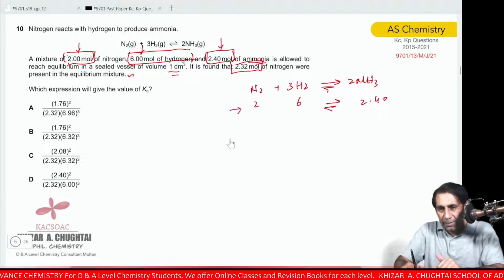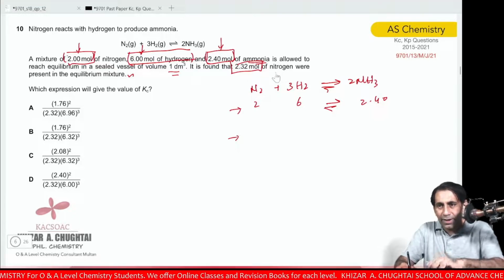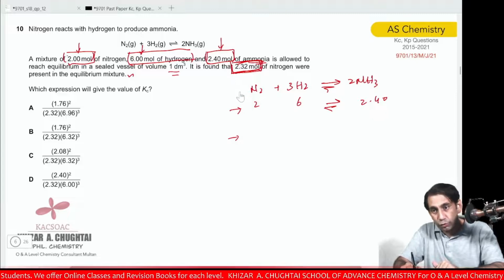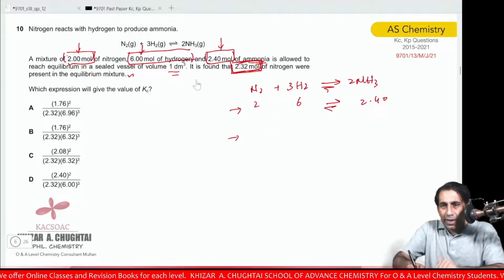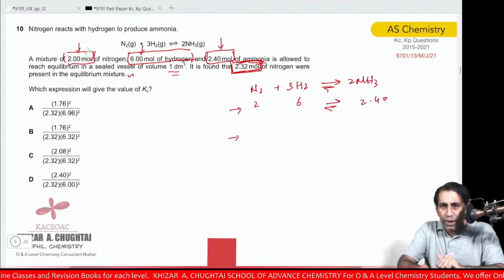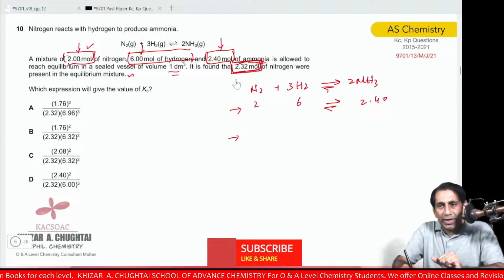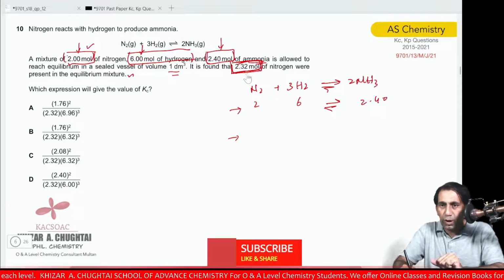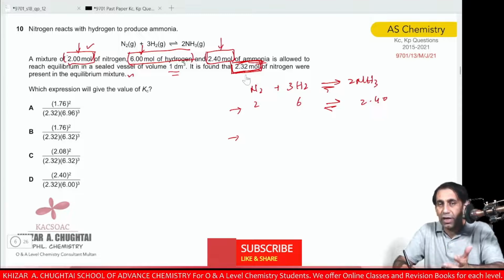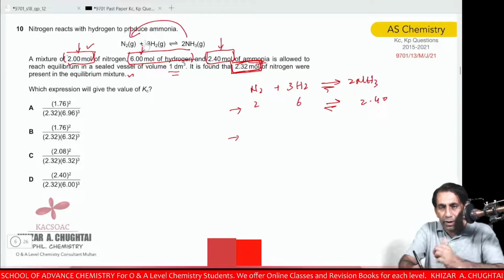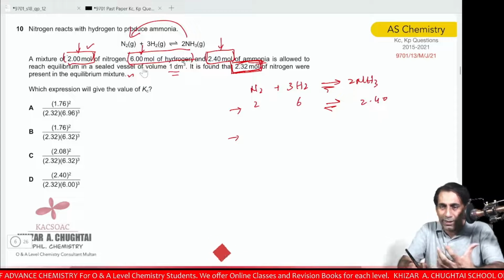At the stage of dynamic equilibrium, nitrogen has become 2.32 moles. So it means the reaction is moving. Initially, nitrogen was 2 mole, and when the reaction is finished, the mole of nitrogen has become 2.32 mole. I mean the mole of nitrogen has increased. So the reaction is overall moving in a backward direction toward the reactants.